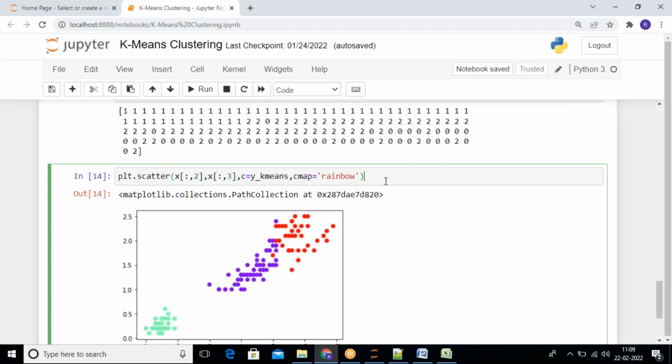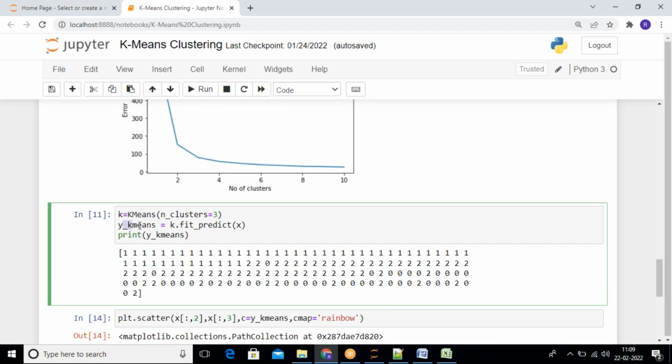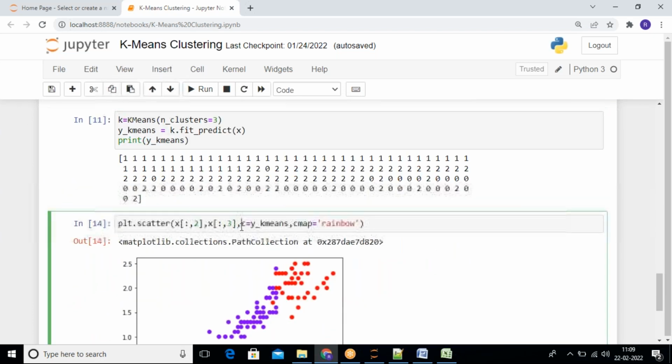And c equals y_kmeans: there are 3 values, 0, 1, 2, so 3 colors. Getting the point?